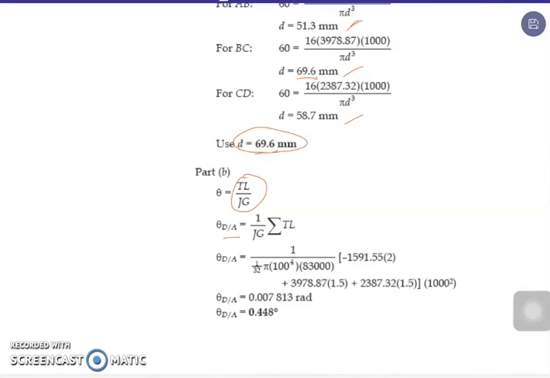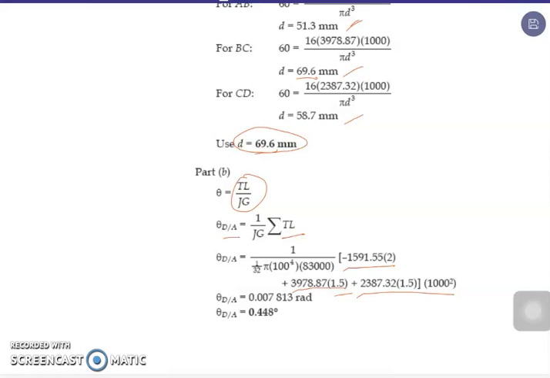So we simply get the summation of TL, torque times the length per member. So we have member AB, member BC, and member CD. For member AB, the length of the shaft is 2 meters. Then for member BC, that is 1.5, and for member CD is 1.5.